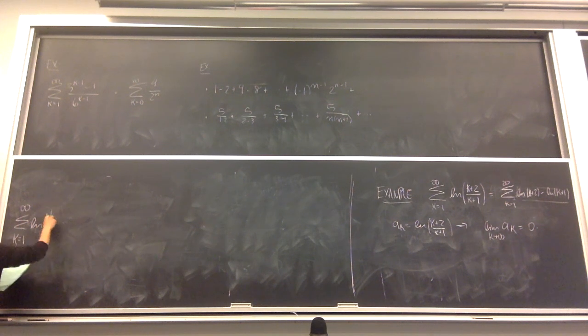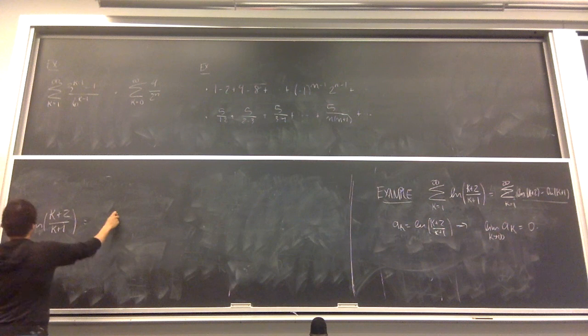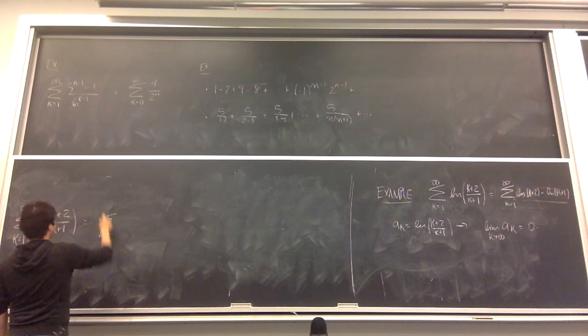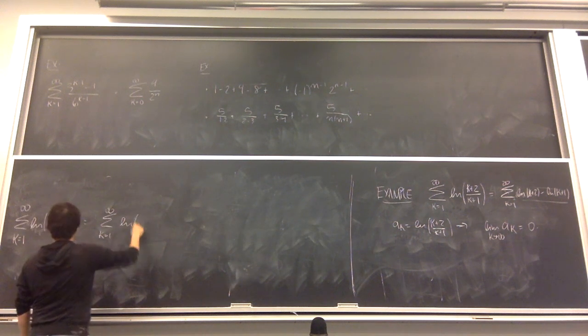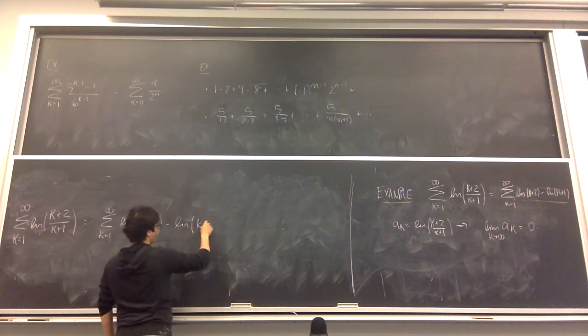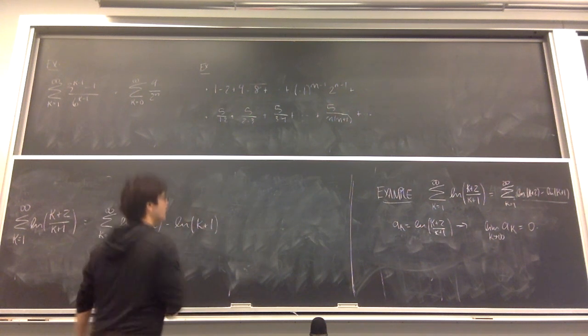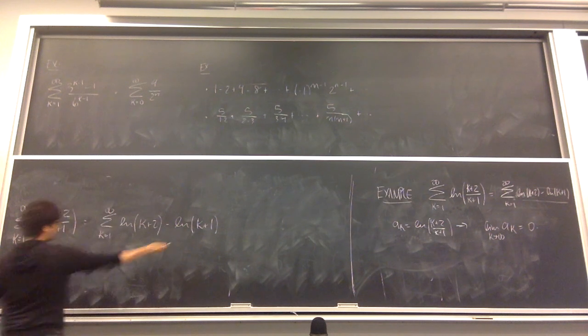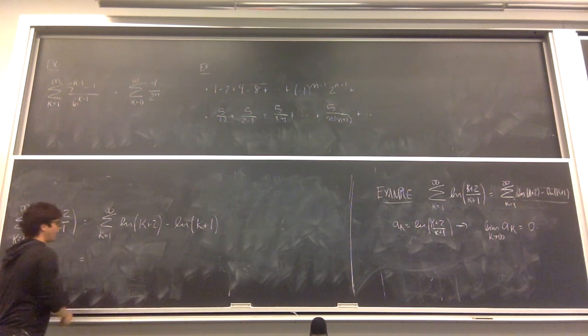Okay, so let's work it out. The first thing I can do is just distribute out the ln. This is going to be ln of (k+2) minus ln of (k+1), if I copied everything correctly. Let's just write out some of the summands.